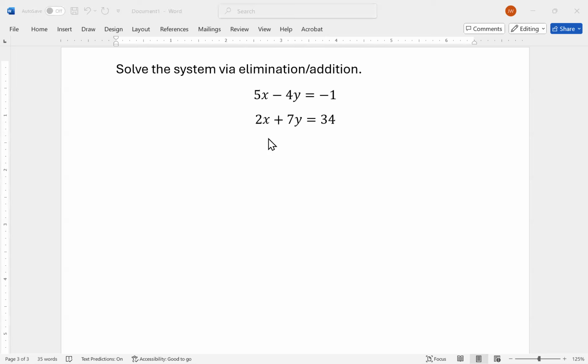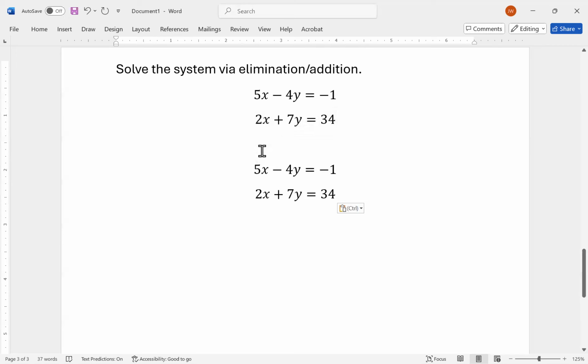This system is already set up nicely for us because we have the x's aligned, the y's aligned, the equal signs aligned, and the constants aligned in the two equations. So this is already lined up.